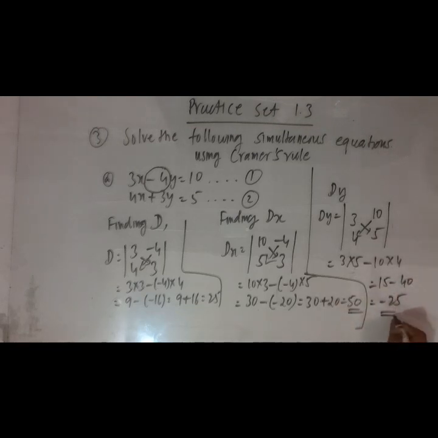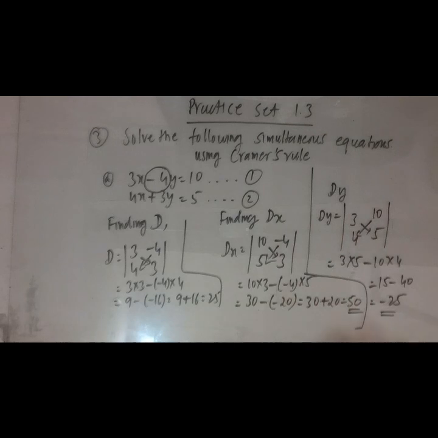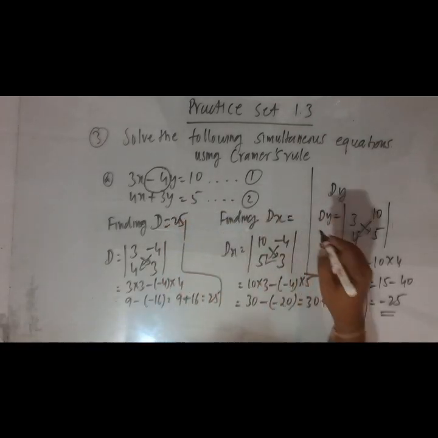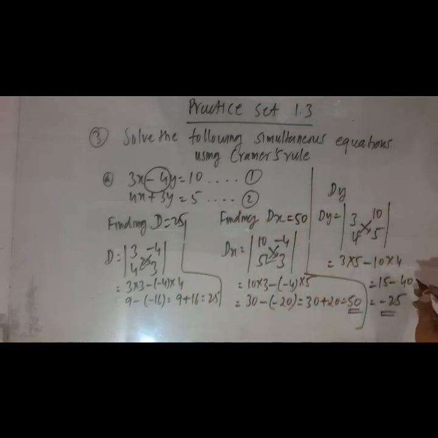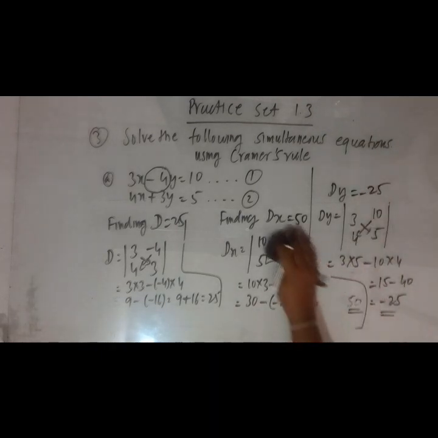So you have found dx and dy. Okay, so note it down. Your d is 25, dx is 50 and dy is minus 25.